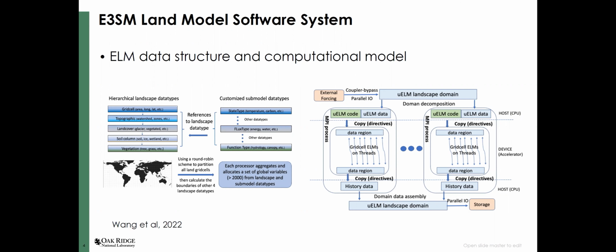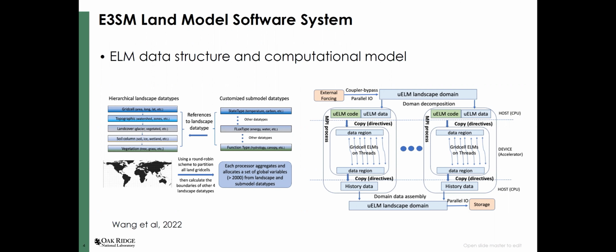This slide is about the computational model. We're trying to build this model inside the current E3SM framework. Two things I want to point out: for communication between the nodes, we're still using OpenMPI.